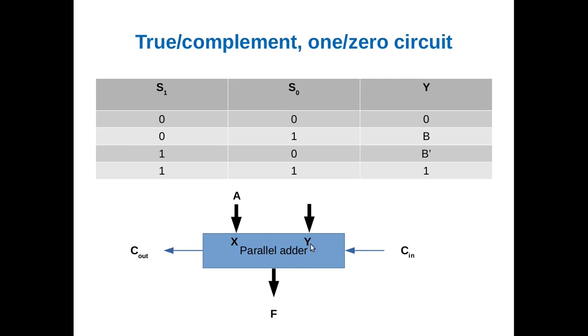These are the possible values corresponding to Y. We can control these values into the Y input by using our select lines S0 and S1. We assume that whenever select lines are 0, 0, Y input is set as 0. Whenever select lines are 0, 1, Y input is set as B. Whenever select lines are 1, 0, Y input is set as B complement. For 1, 1, Y input will be set as 1.